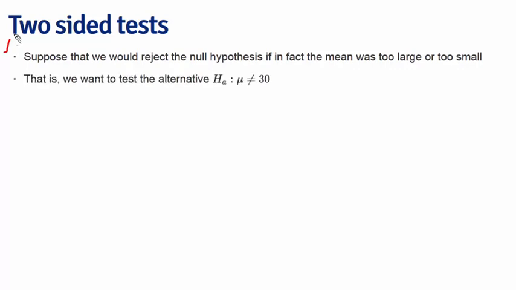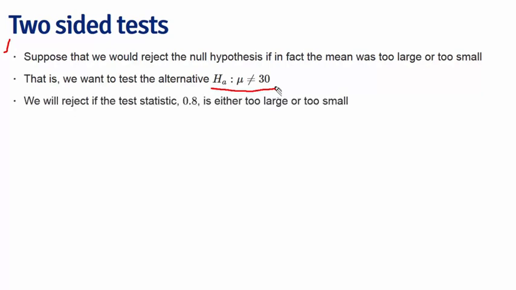So if we were to do a two-sided test, we want to reject whether or not mu is different from 30. So in other words, we'll reject if our test statistic is either too large or too small. In this case, because our test statistic is positive, we only need to consider the large side.